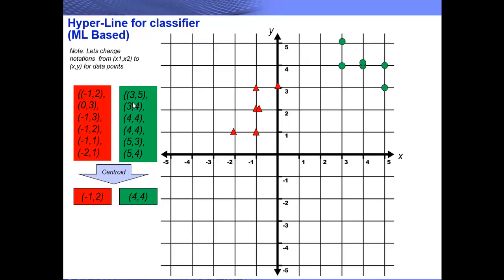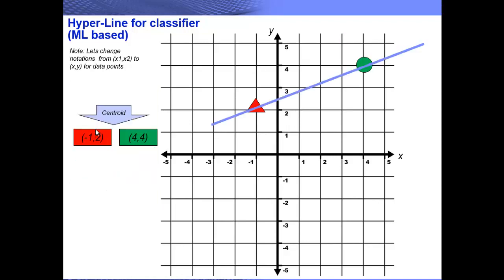Similarly for the green side also: 3 plus 3 is 6, 14, 14, 19, 24. 24 divided by 6 is 4. Then 5, 4, 9, 13, 17, 20, and 24, divided by 6 is 4. So we got the centroids for each of the class data points.